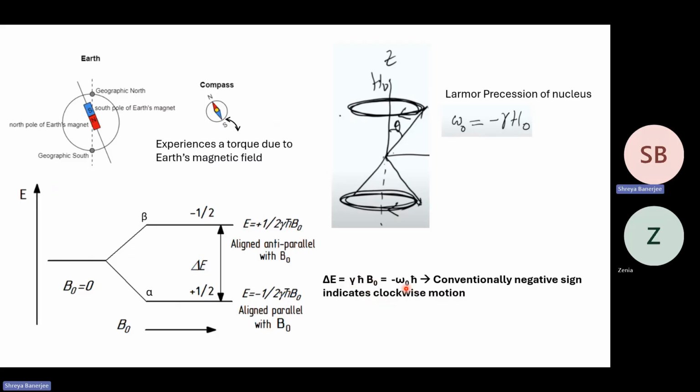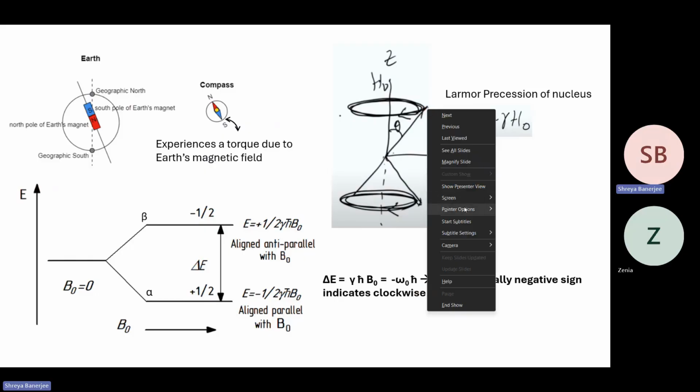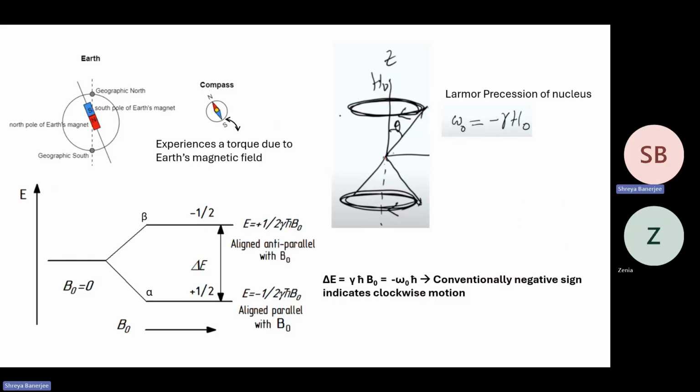You can write gamma B0 as omega naught. What is this omega naught? This is something called the Larmor frequency. When you have an angular momentum, you can see this vector, this arrow here, spins. The angular momentum vector does not stay pointed in one direction.